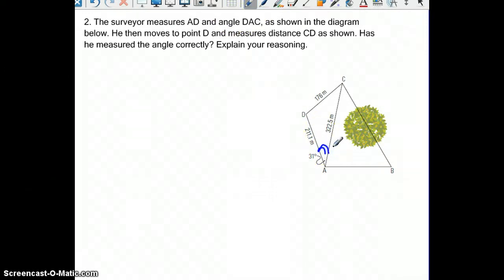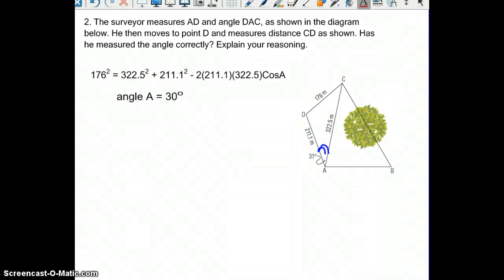So please use the cosine law to figure that out. Make sure you set it up like I do here in the problem. Then you'll find angle A is equal to approximately 30 degrees. So is that what he found? No, he found 31. And even though it's close, in surveying, you need to be very, very precise. So this would actually change his measurements by quite a bit.